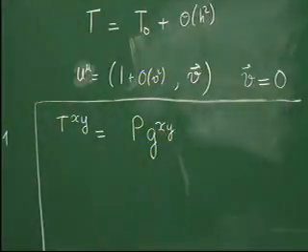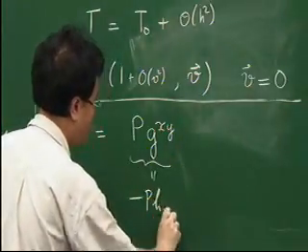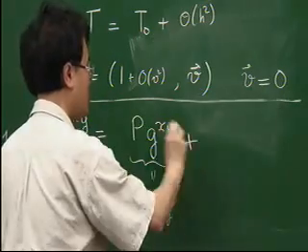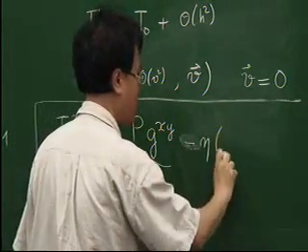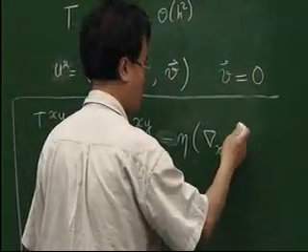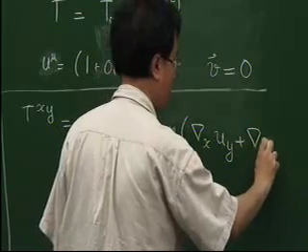So this one is guaranteed to be non-zero. It's actually equal to minus P h_xy, plus, now let's see, minus eta times gradient x of u_y plus gradient y of u_x.